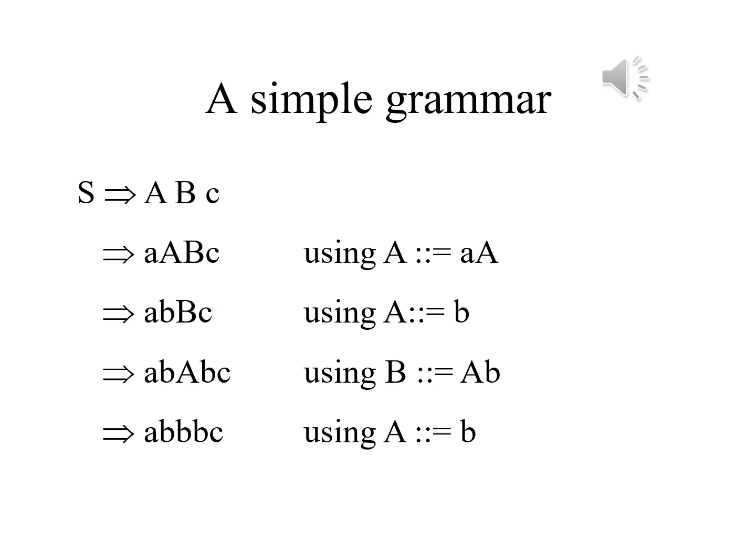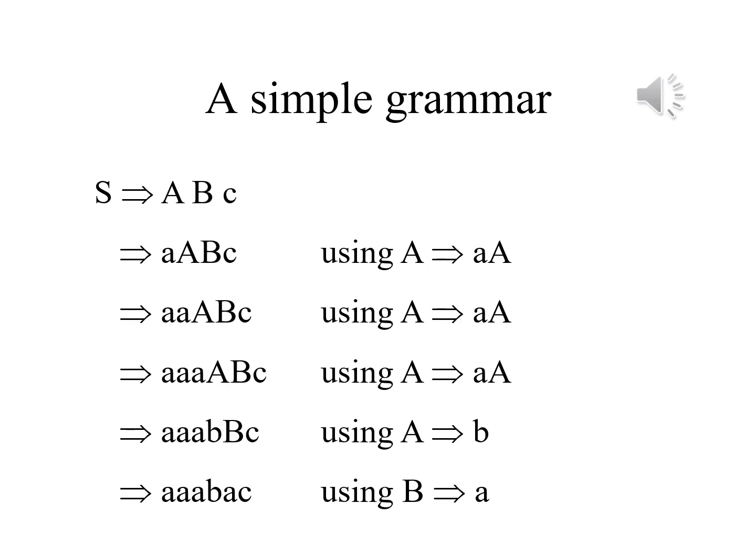Now we will apply capital B derives capital A, little b to get little a, little b, capital A, little b, little c. And lastly, we'll get little a, little b, little b, little b, little c by applying capital A derives little b.